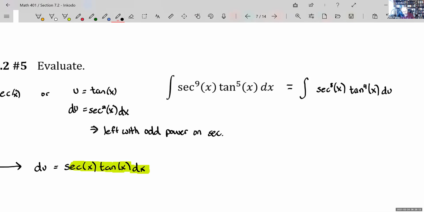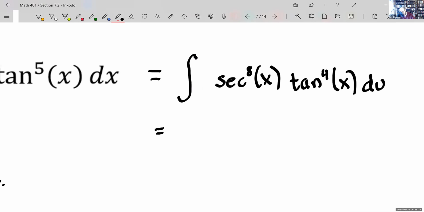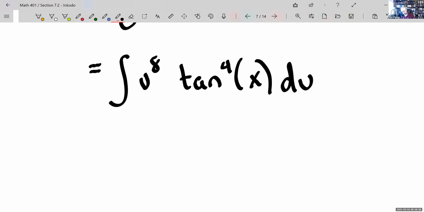But remember, our substitution was u equals secant. So that secant to the 8th is actually u to the 8th. And having an even power on that tangent is incredibly helpful here, because tangent squared is secant squared minus 1.